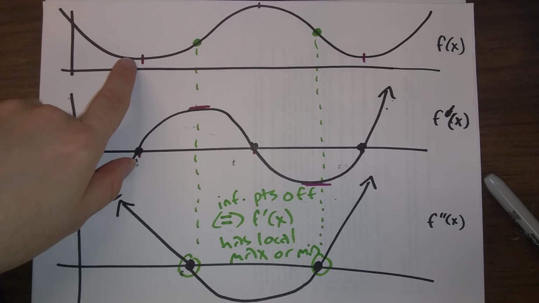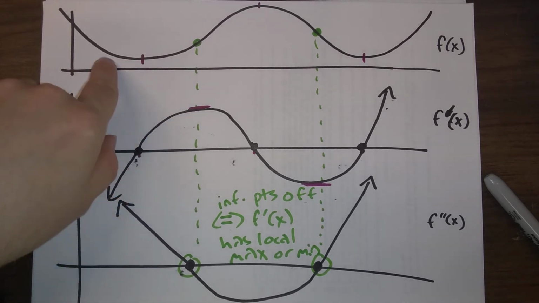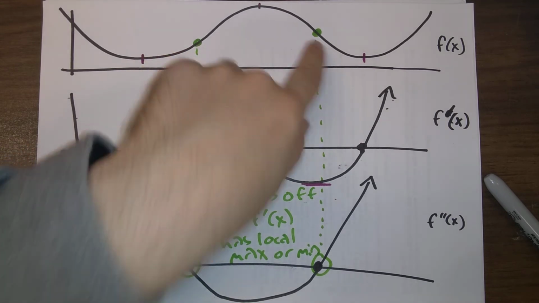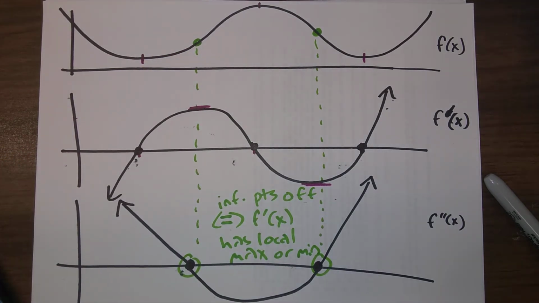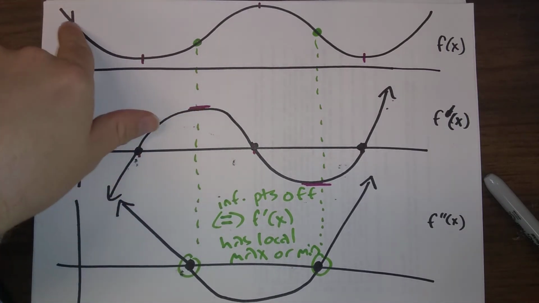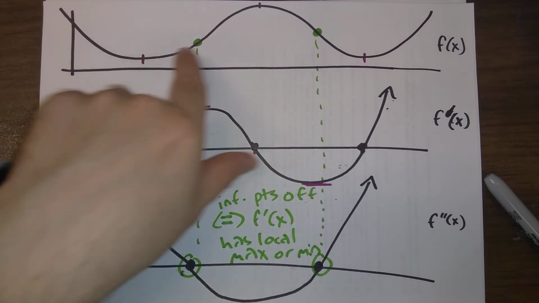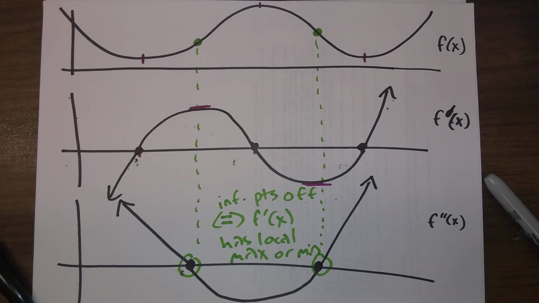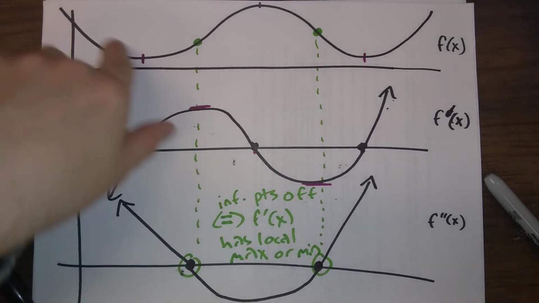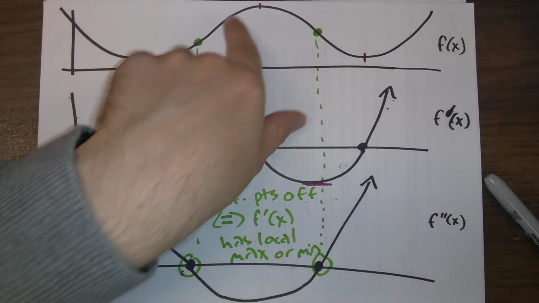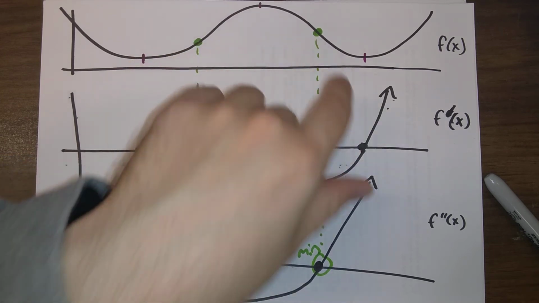A local maximum like this is going to occur when our function is concave down. Sorry, I'm getting this backwards: when our function is concave up, that is a local minimum. When our function is concave down, that is a local maximum. It's easy to get those confused. You think down, oh, that's a negative thing, that should be a minimum. Well, no, concave up is a local minimum. Concave down is a local maximum.